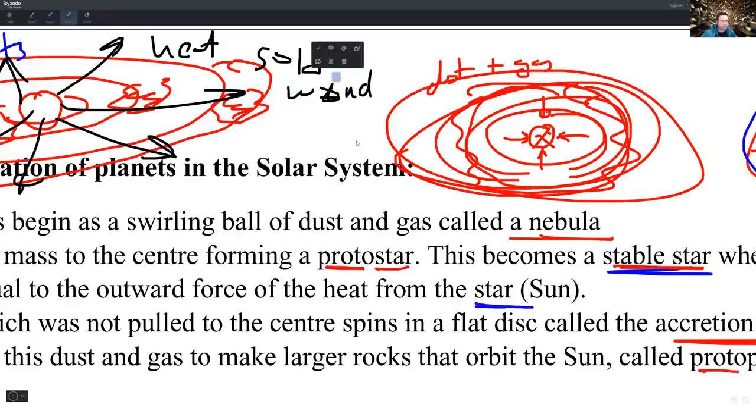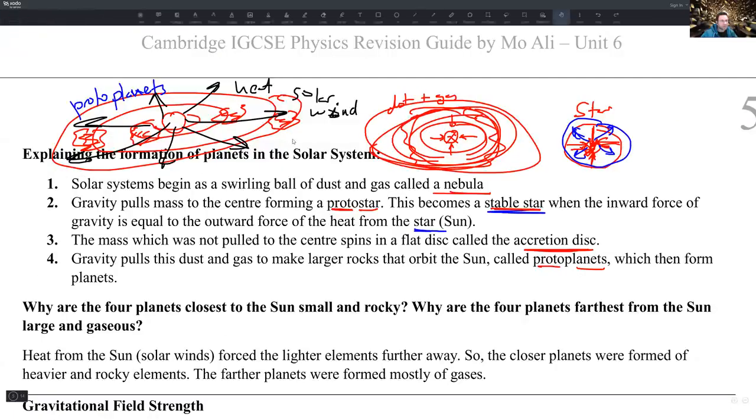So it's called solar wind. So solar wind is just the heat from the sun. And what does it do? It pushes away all of the light elements. So most of the elements that are gassy and light, think nitrogen, think of oxygen, think of helium, think of all of these light elements, they get pushed out.